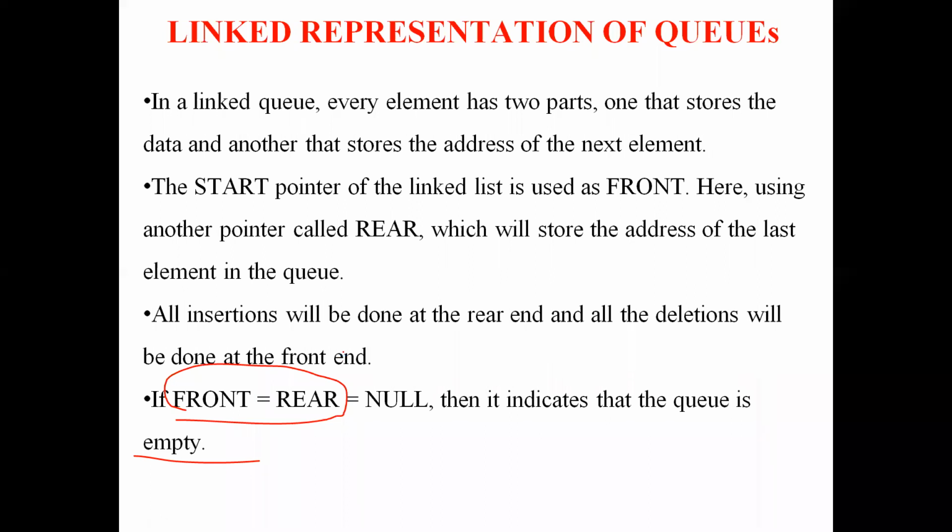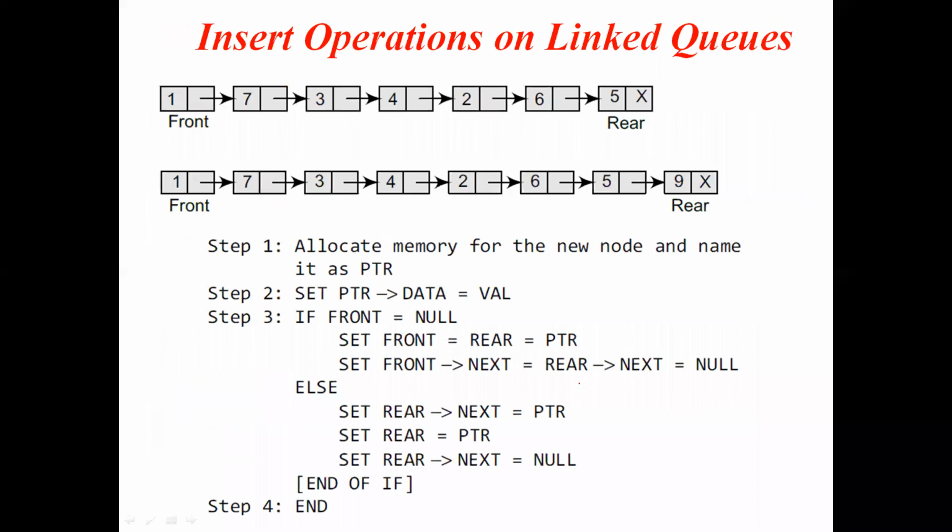This slide shows an example algorithm of the insertion operation in a linked queue. This is the given queue. Now you are inserting a node, inserting an element into the queue, which we call an NQ operation. It will be inserted at the rear part.